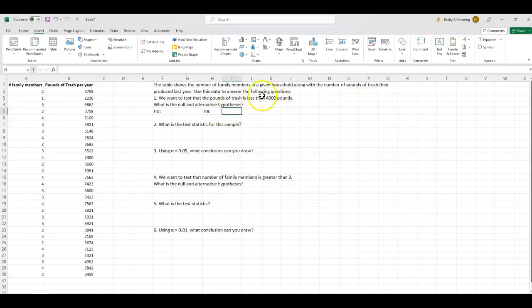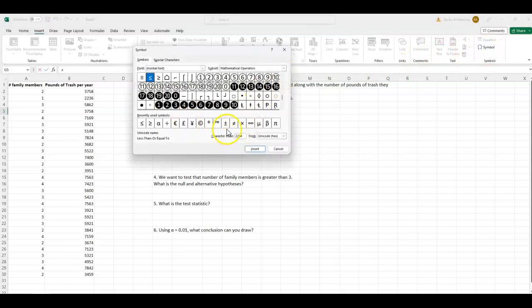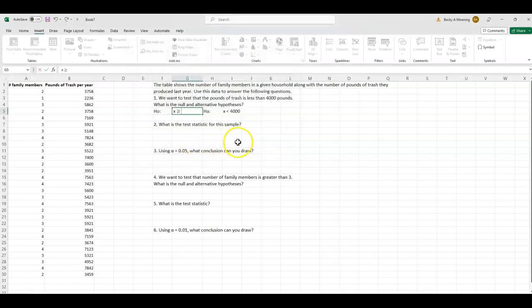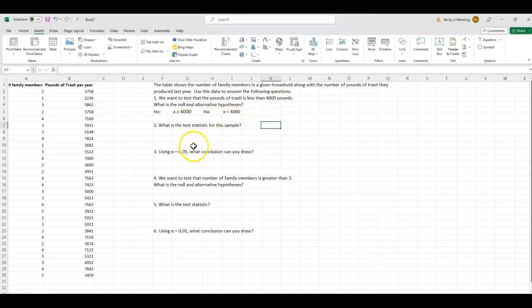We have a sample here, and we want to talk about less than 4,000 pounds. So I'm just going to use X is less than 4,000. There's my alternative hypothesis. And then I know that my null hypothesis is going to have the equal sign in it, so we're going to call this greater than or equal to 4,000, because if our alternative hypothesis is less than, then our null hypothesis is greater than or equal to.